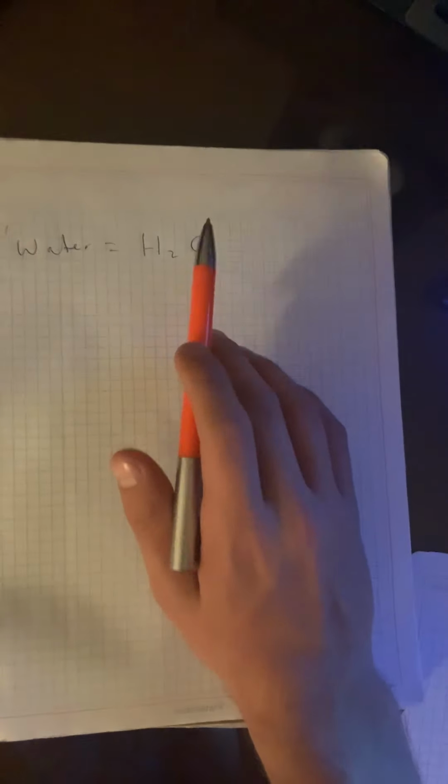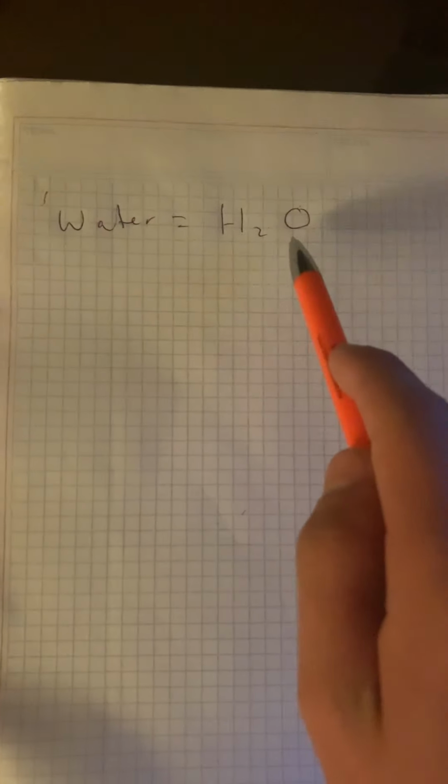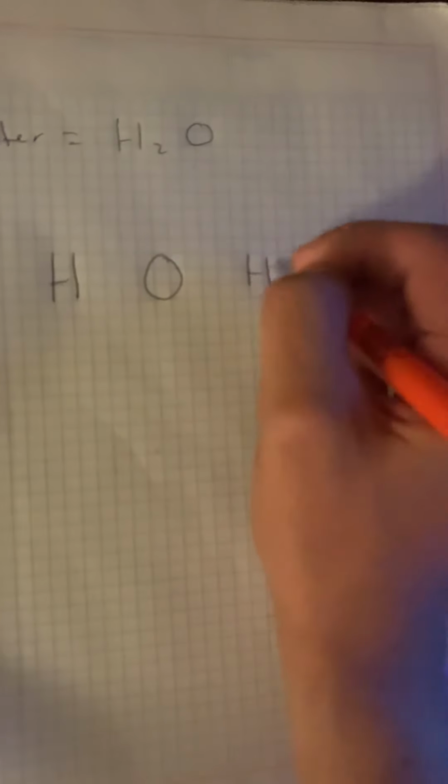In almost every case, if we have oxygen, it has to be in the middle, so it can form the bonds. So now we will just write hydrogen, oxygen, and another hydrogen.